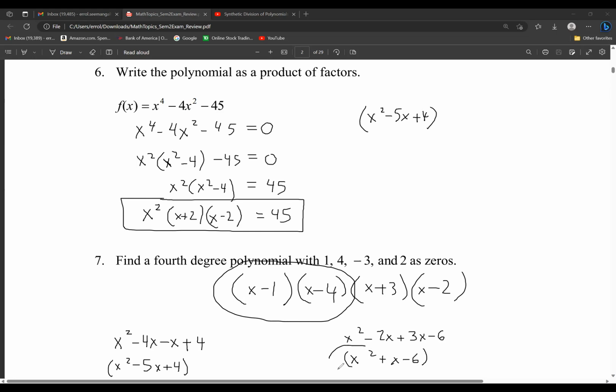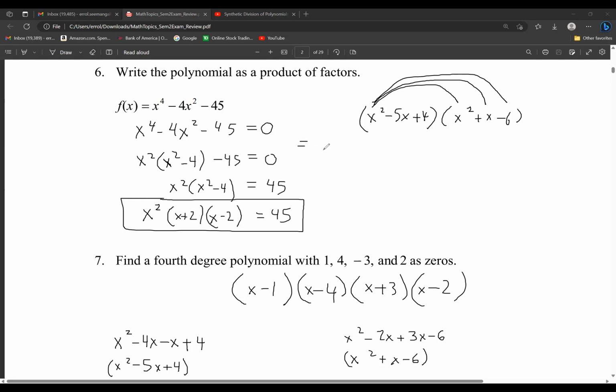And now we're going to multiply by these two together, which is the second two: x squared plus x minus 6. Okay, multiply it out. This is the order, right? This one times this one first, second, third. Give me those first three terms.